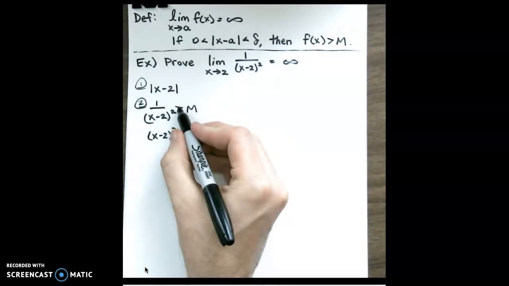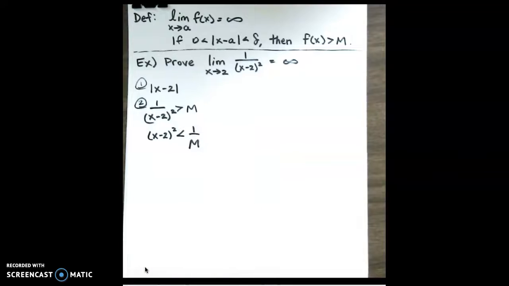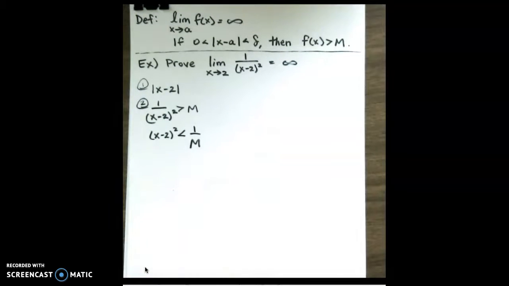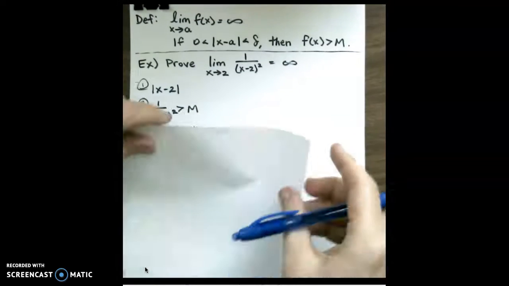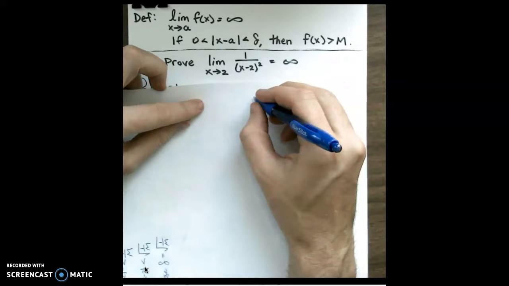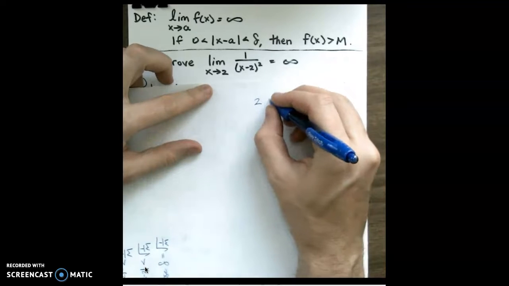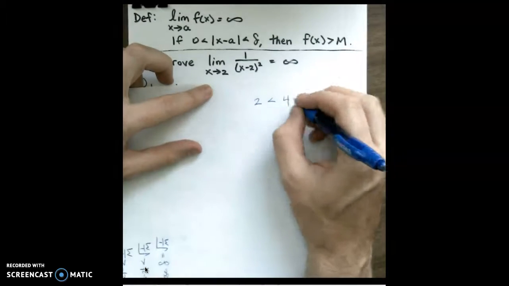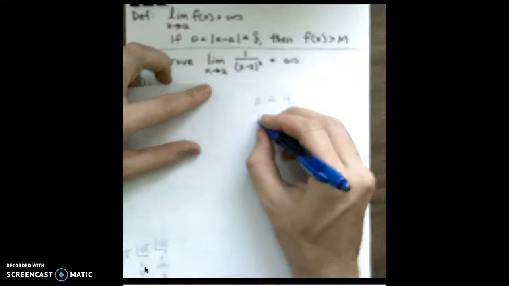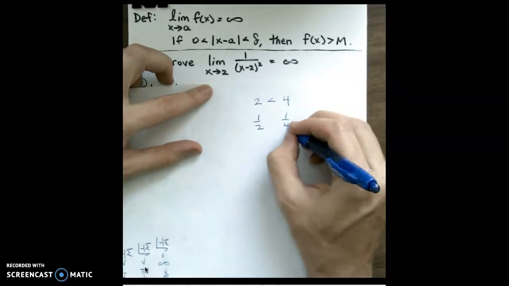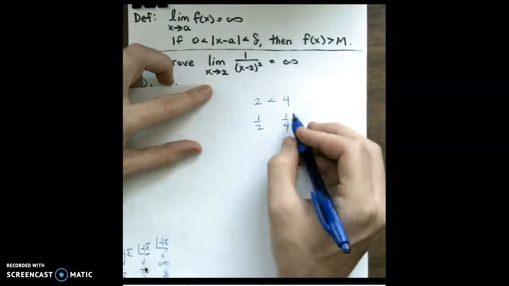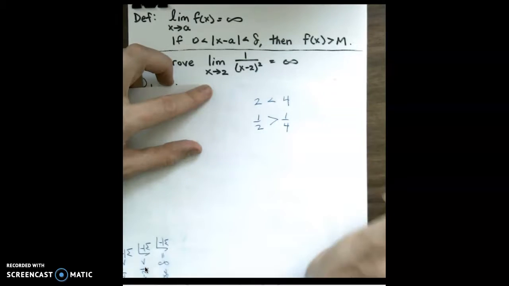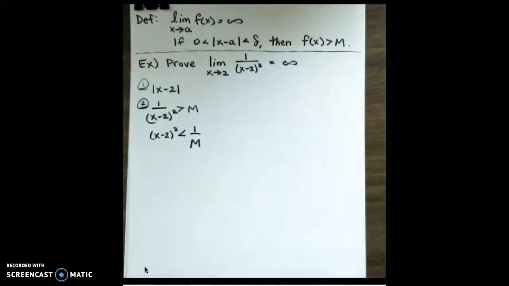So instead of greater than, it's now going to be less than. An example of this would be if we know, for example, 2 is less than 4, and I were to do reciprocal of that, 1/2 and 1/4. Well, 1/4 is less than 1/2, so that is why the sign flips.